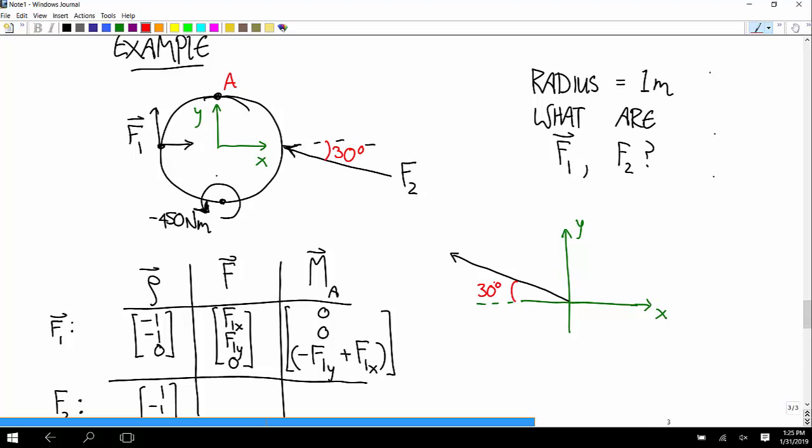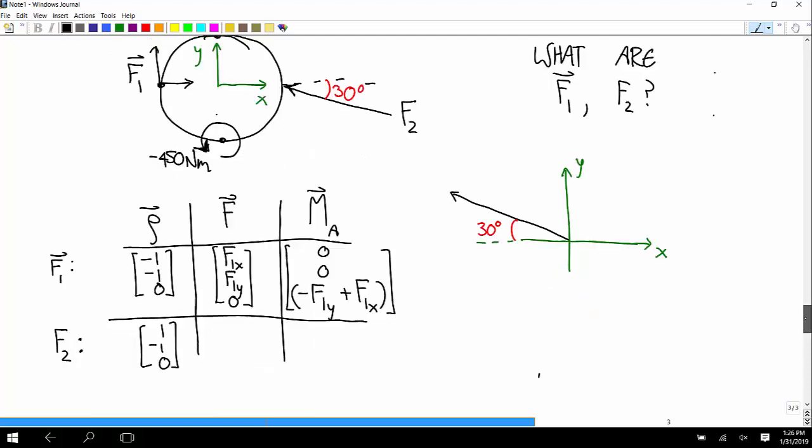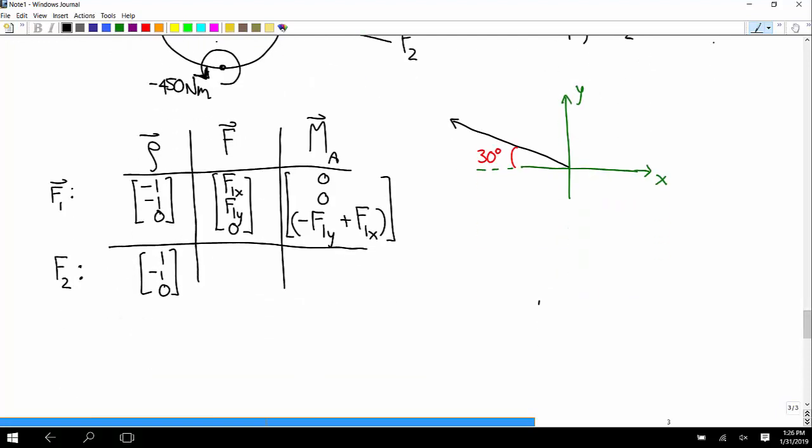And so that unit vector is just cosine and sine of 150 degrees. And then that's multiplied by F2. Right. And so you can just write that as negative 0.866 F2, positive 0.5 F2, and then 0 for z.